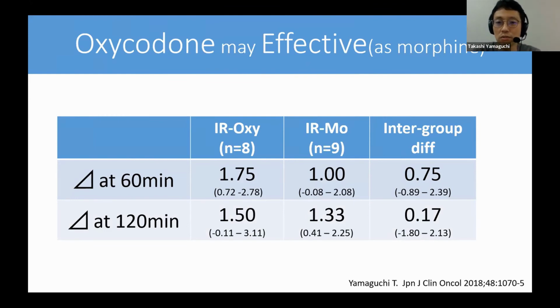So this is the result of our study. Oxycodone may be as effective as morphine numerically, but of course, this is not statistically significant. So anyway, we have to do a higher quality study to conclude the efficacy of oxycodone.